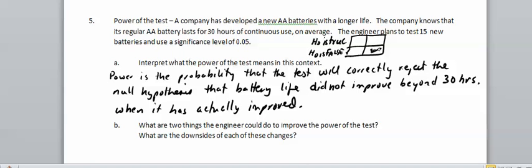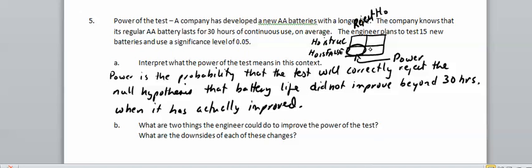This is null, we reject null, and this is the power of our test. The null is false, and we correctly reject it. That is the power.